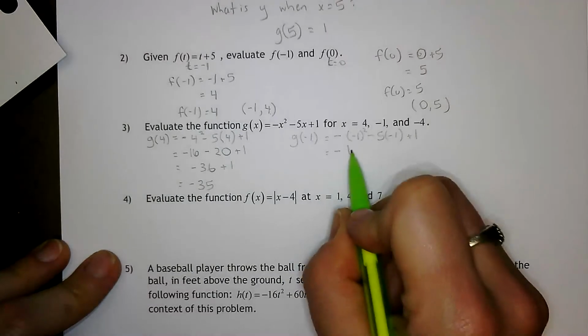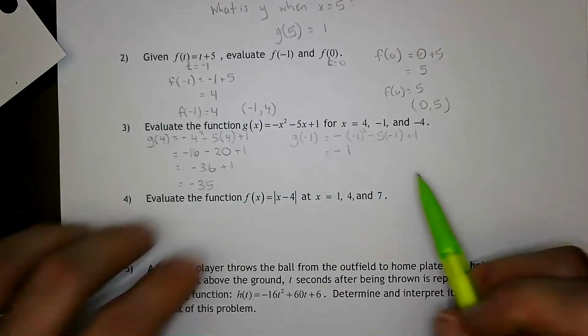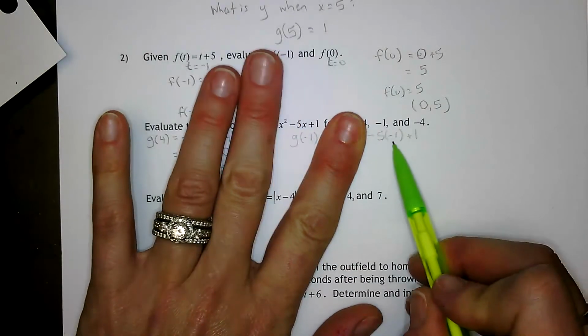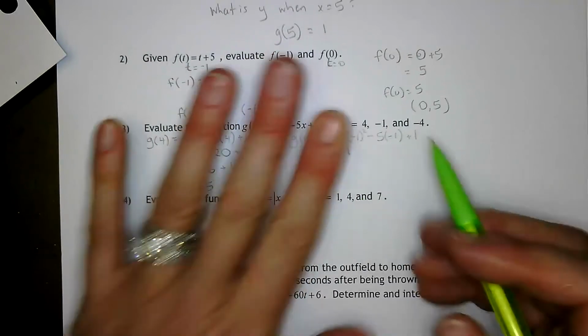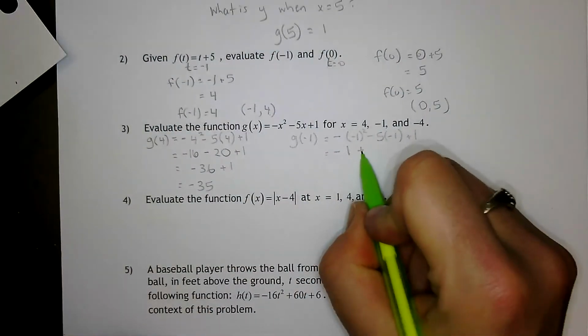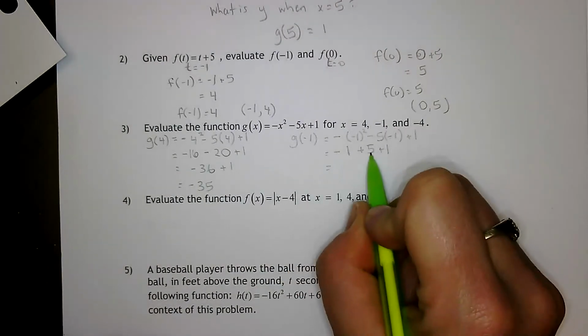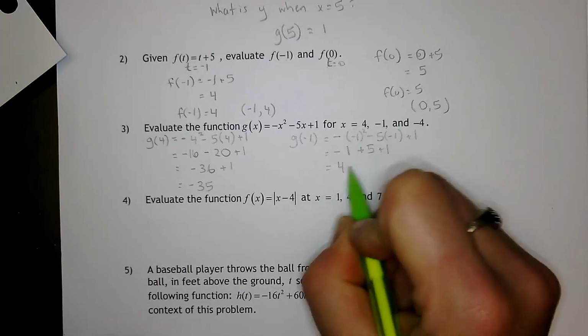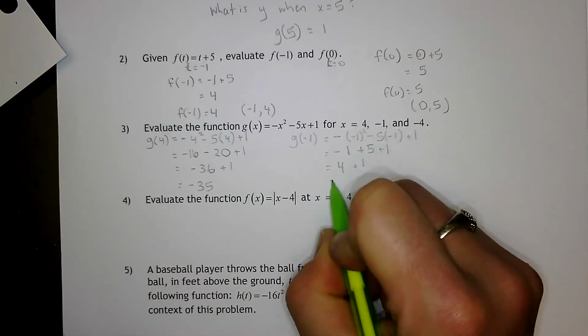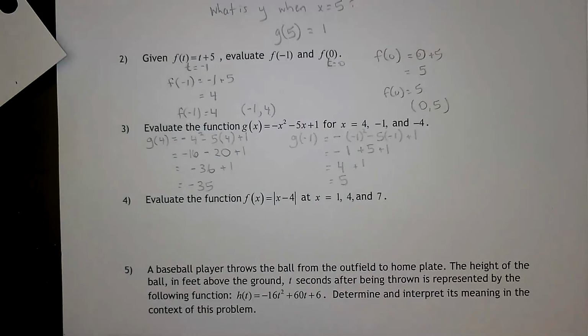So we've got negative 1. Here we've got negative 5 times negative 1. That gives us a positive 5 plus 1. Negative 1 plus 5 is 4, plus 1 is positive 5.